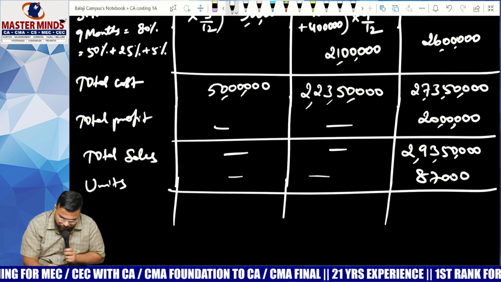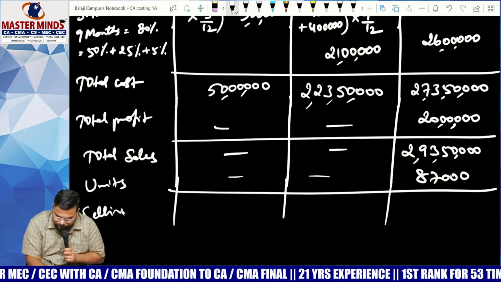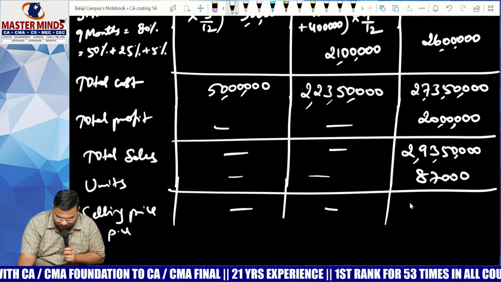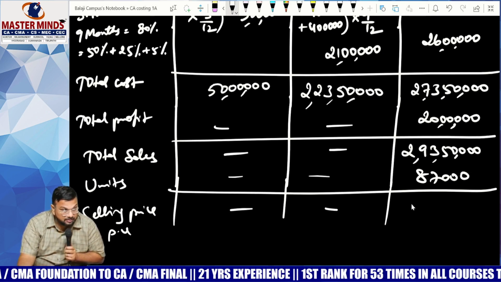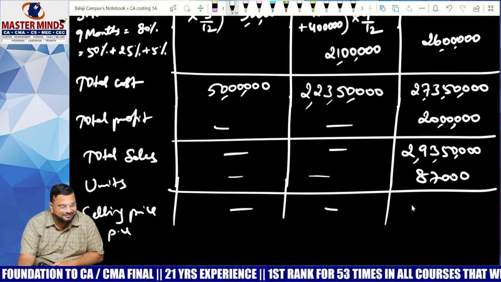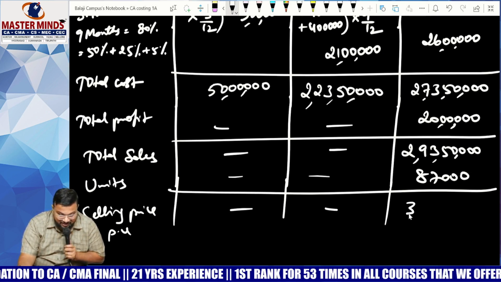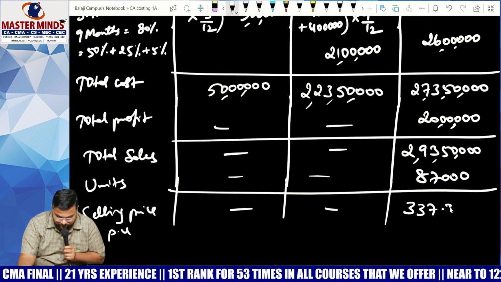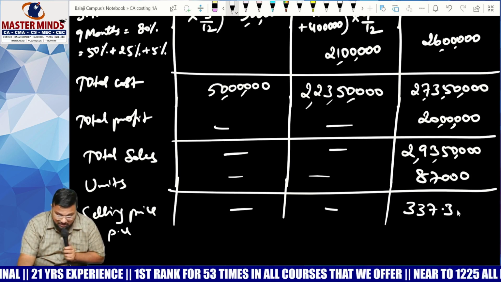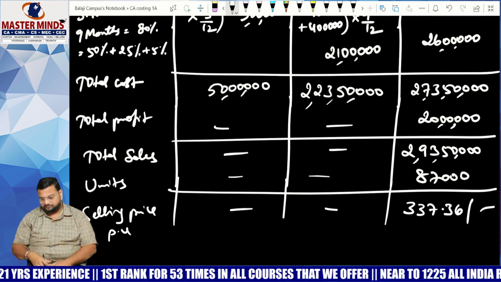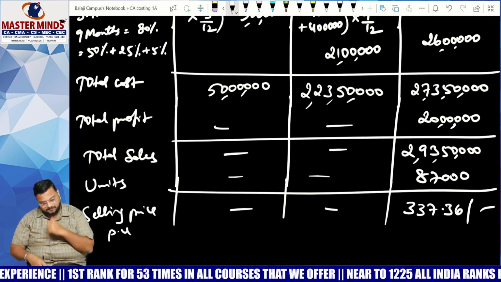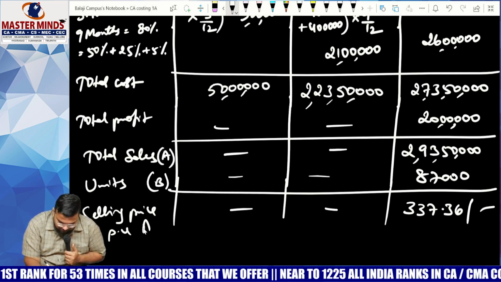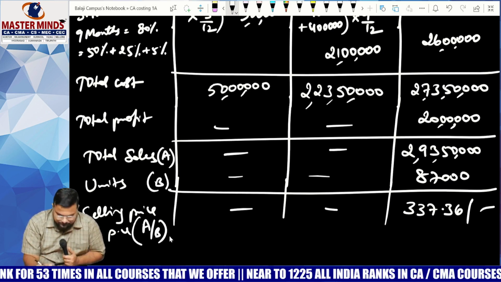Selling price per unit, 3 that 3 356, 36. This is A, this is B, this one will be A by B.